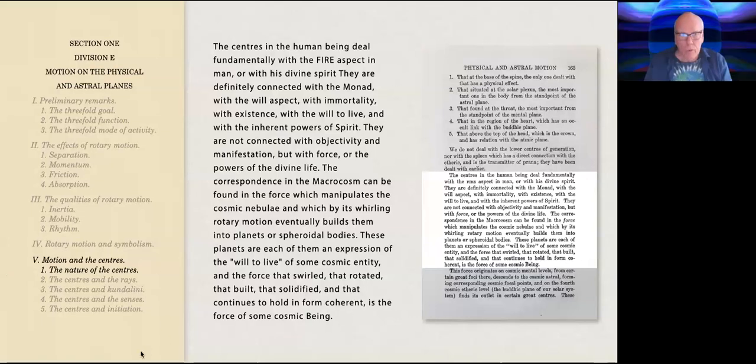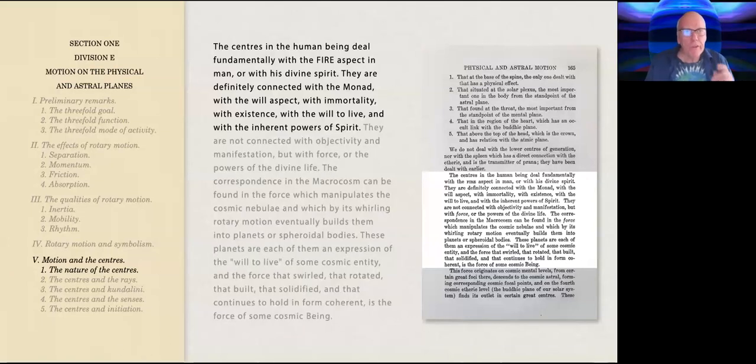Okay, thank you. So first up, the centers in the human being deal fundamentally with the fire aspect in man, or with his divine spirit. They are definitely connected with the monad, with the will aspect, with immortality, with existence, with the will to live, and with the inherent powers of spirit.